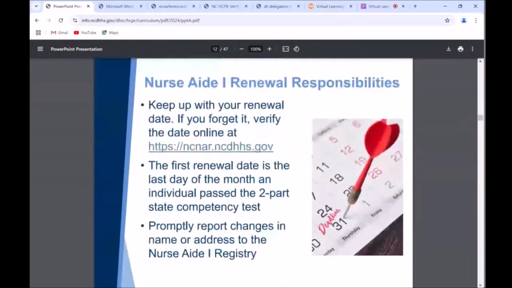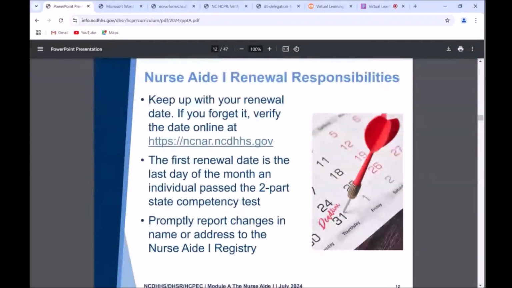Your responsibilities during all of this are going to be to keep up with your renewal date, which is the date you pass the competency test, and it's used to initially list you on the registry. You can verify that at ncnar.ncdhhs.gov. At renewal, the new listing period starts on the last day worked as a nurse aide, performing those nursing or nurse-related duties reported by the registered nurse on the employment verification form.